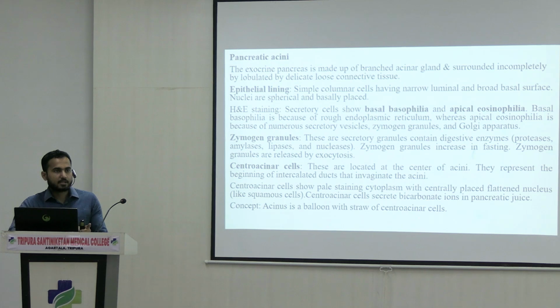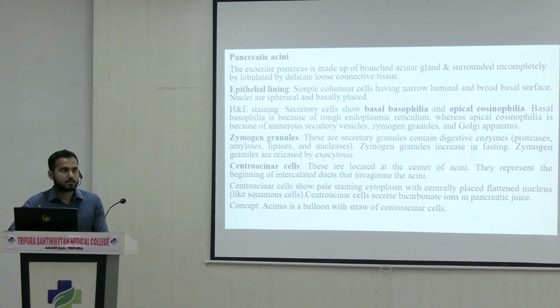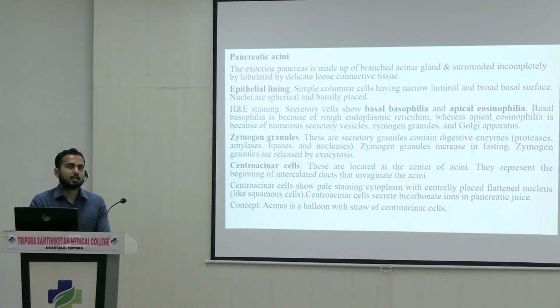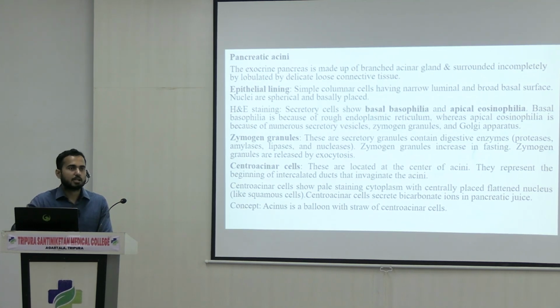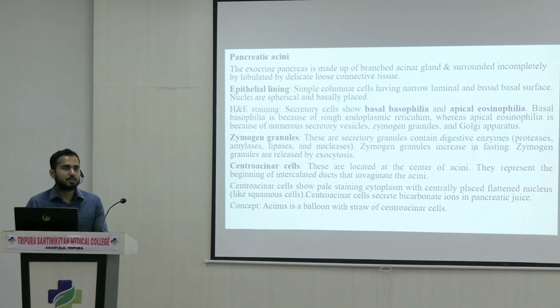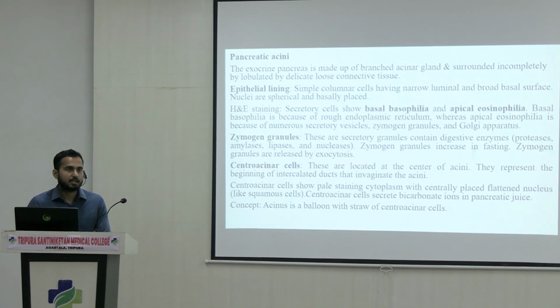In the exocrine pancreas, ducts are present. All the secretion from the pancreatic acini will be conveyed by the duct system. So the centroacinar cell, at the center of the acini, has an appearance different from the acinar cell.